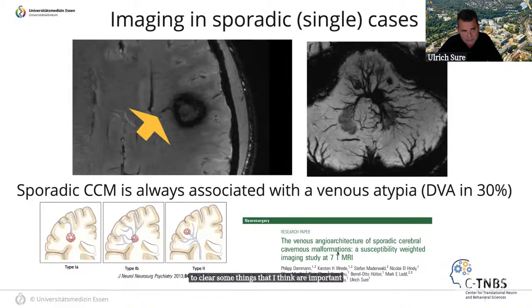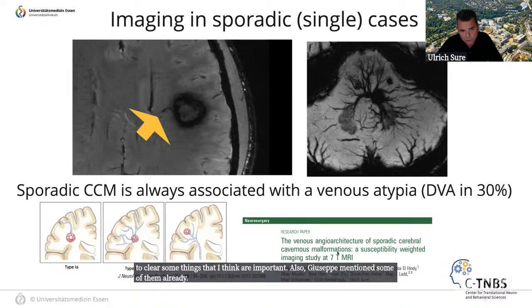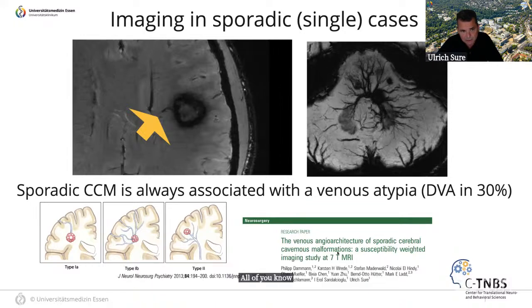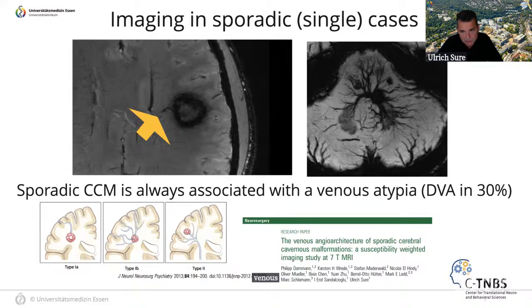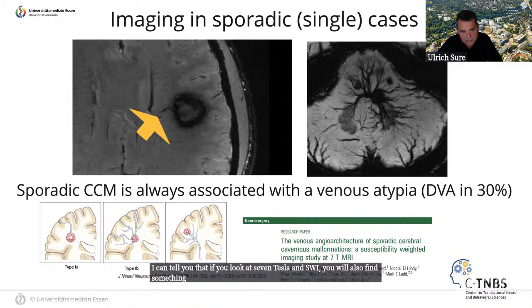Also, Giuseppe mentioned some of them already. All of you know that there are particular single lesions that are associated with developmental venous anomalies, a typical Caput medusa-like venous malformation that you can see on the right side here. But if we talk about sporadic cases, that means patients with just one cavernoma, I can tell you that if you look at 7 Tesla in SWI, you will also find something like you see on the left side here.